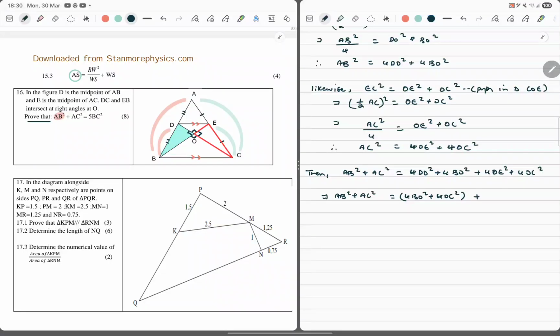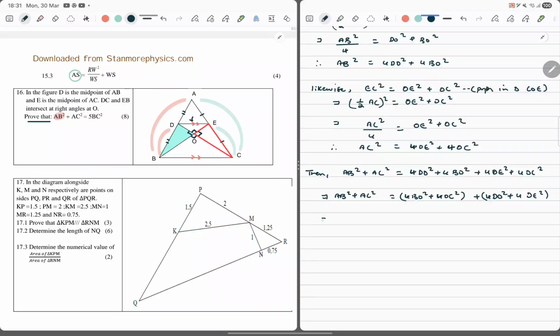Now what do we see there? We see 4 times DO squared plus 4 times OE squared. Again, we can group those. But if we do that, we'll see that this squared plus that squared is going to give us that one squared.